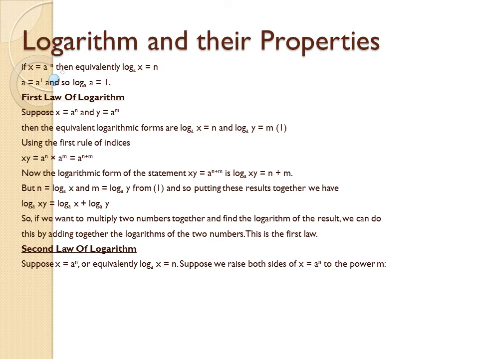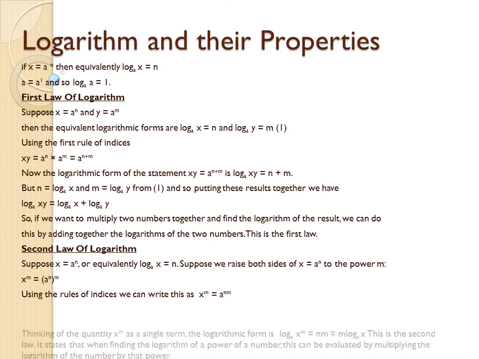Suppose we raise both sides of x equals a to the power n to the power m. So x to the power m equals a to the power n, then whole to the power m. Using the rules of indices, we can write this as x to the power m equals a to the power nm, because a to the power n into m.